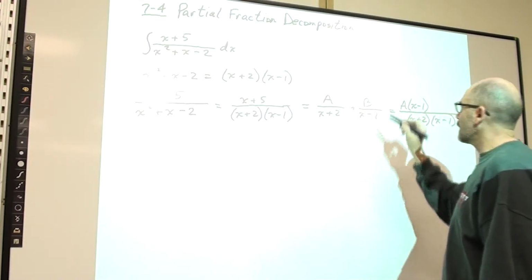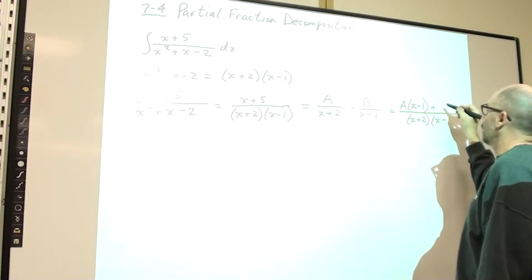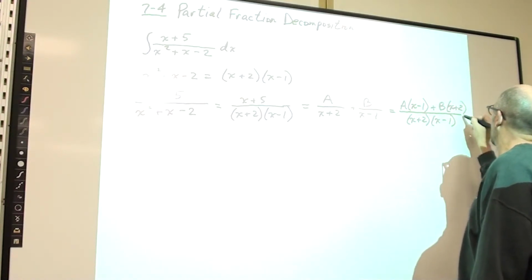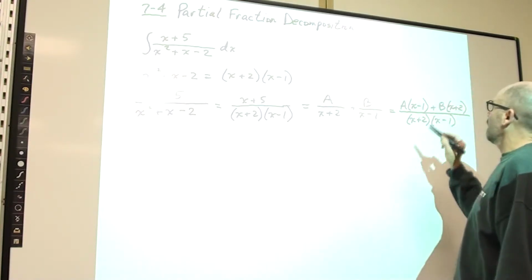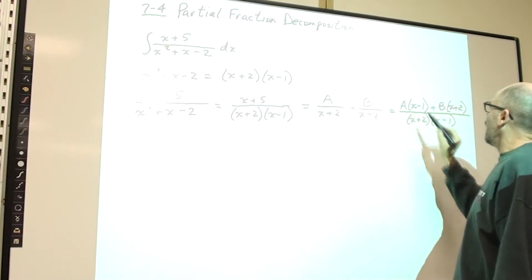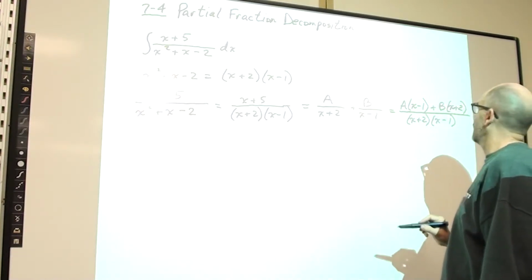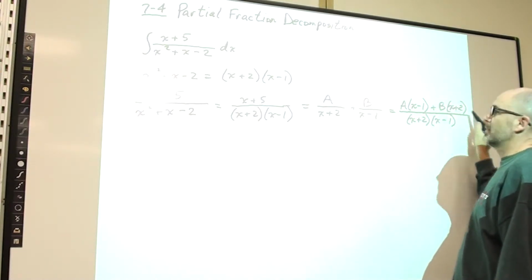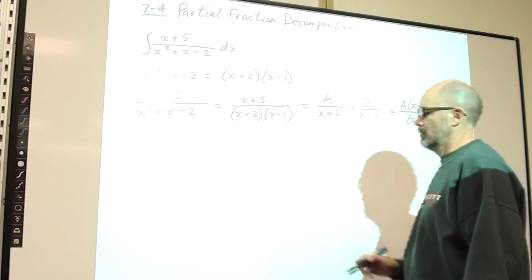And the top of the second fraction has to be multiplied by x plus 2. Okay, so what that means is that a times x minus 1 plus b times x plus 2 has to equal x plus 5.